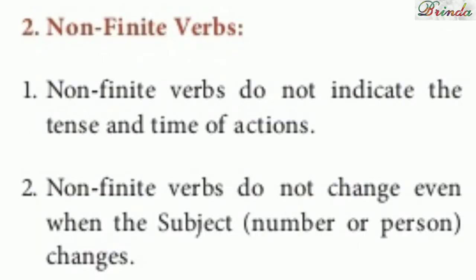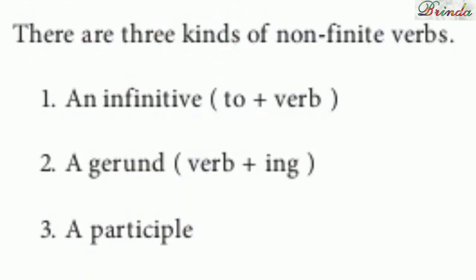Whereas non-finite verbs do not indicate the tense and time of action. Non-finite verbs do not change even when the subject or number of person changes. There are three kinds of non-finite verbs. They are infinitive, it means to verb, a gerund, it means verb plus ing, and a participle.